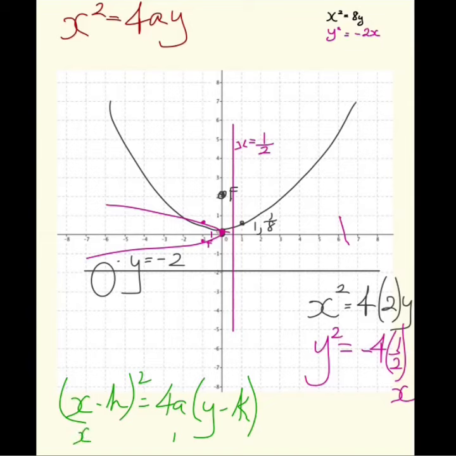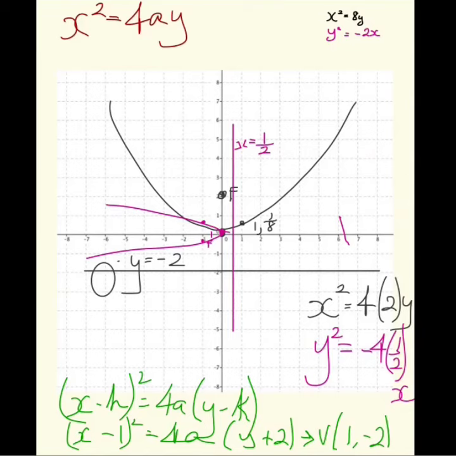So if I had x minus 1 squared equals 4a(y plus 2), then our vertex is positive 1, negative 2. This point here.